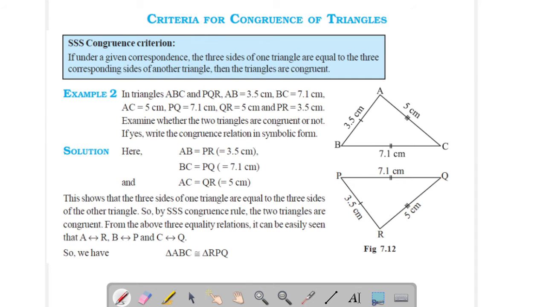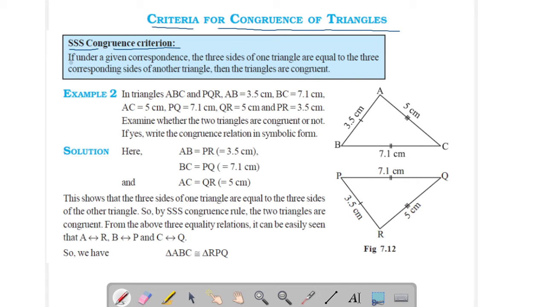Good morning, students. Today we will study some criteria for congruence of triangles. The first criterion is the SSS congruency criterion. SSS means side, side, side.